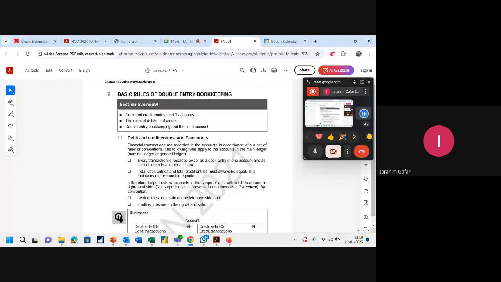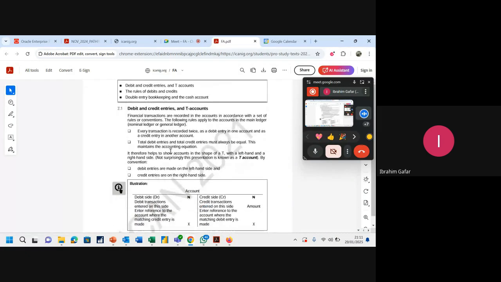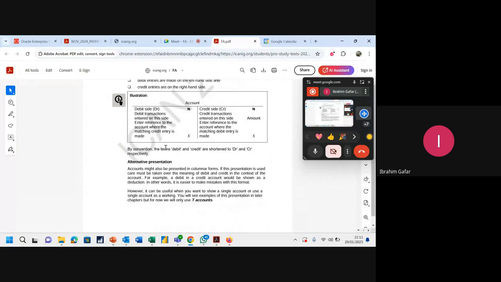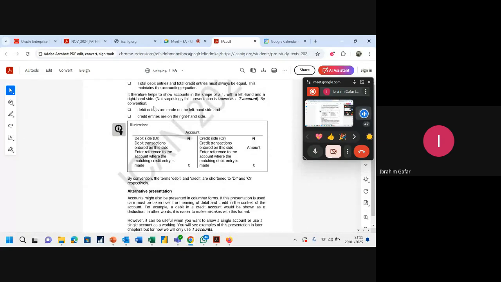We've said before that for every debit entry, there must be a corresponding credit entry: debit the receiver, credit the giver. So here they are trying to say it helps to show accounting in the shape of a T with left hand and right hand side. Not surprising, this presentation is known as T account.